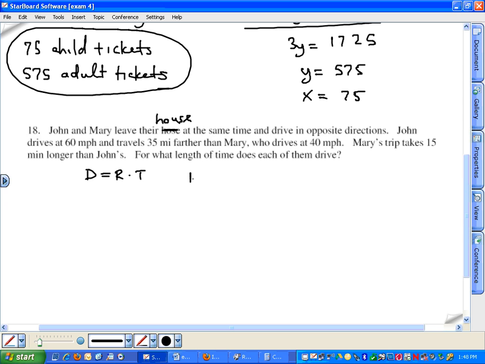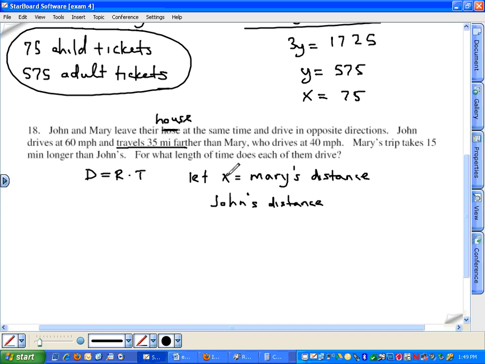If we let x equal Mary's distance, then John's distance, the problem said John travels 35 miles farther than Mary.